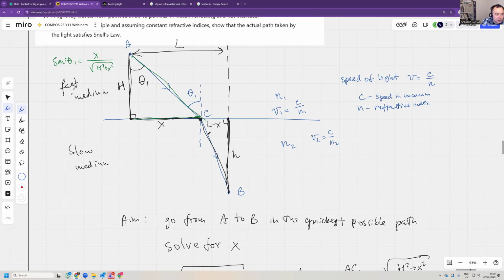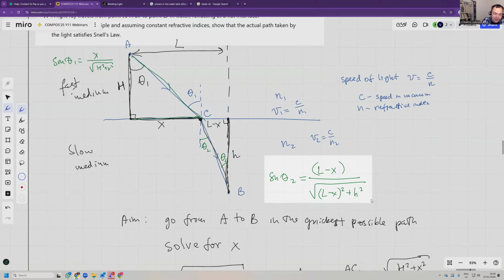And here, this is theta 2. So sine theta 2 is equal to l minus x divided by square root of l minus x squared plus h squared.